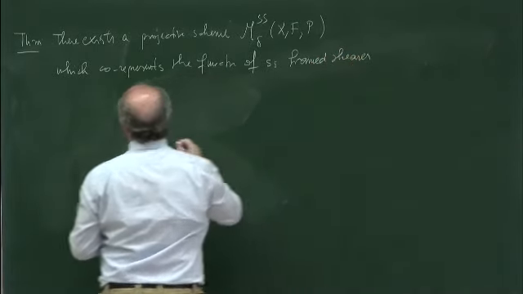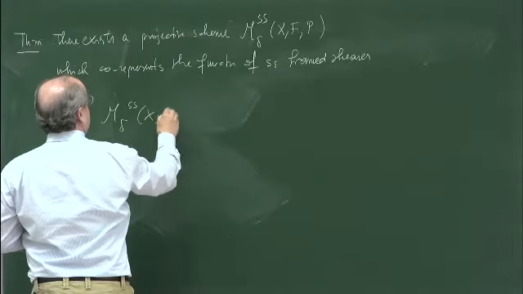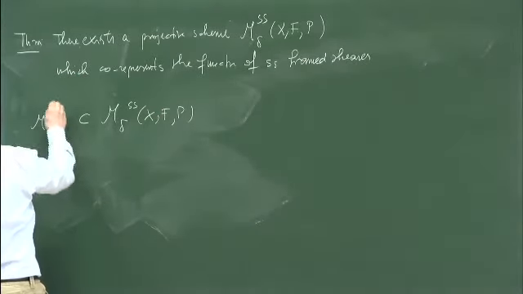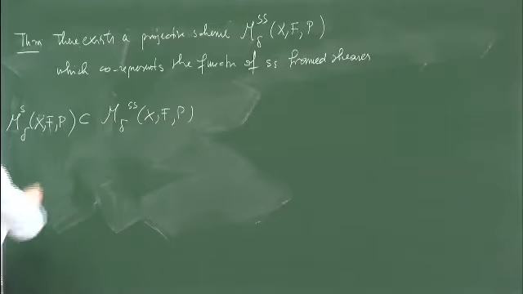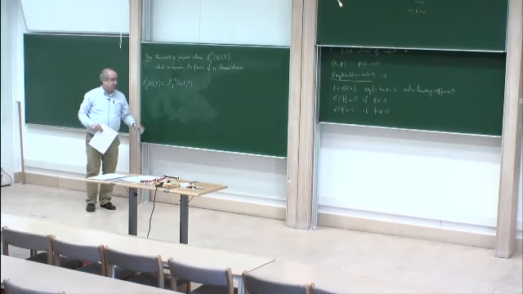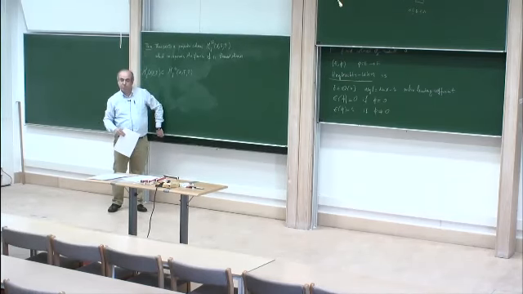And what happens is that inside there's an open subscheme which parameterizes, well, in a moment I will stop writing all this stuff, the stable objects, the stable pairs, and this is a fine moduli space for such objects.